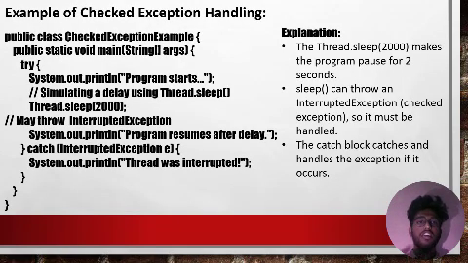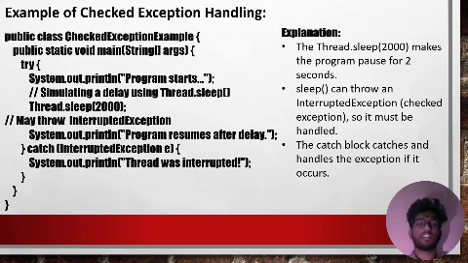Here is an example of a checked exception. On the left side you can observe the source code of the checked exception handling, and the explanation of the checked exceptions. Coming to the code, we are using public class CheckedExceptionExample, which is the class name, and public static void main(String[] args).